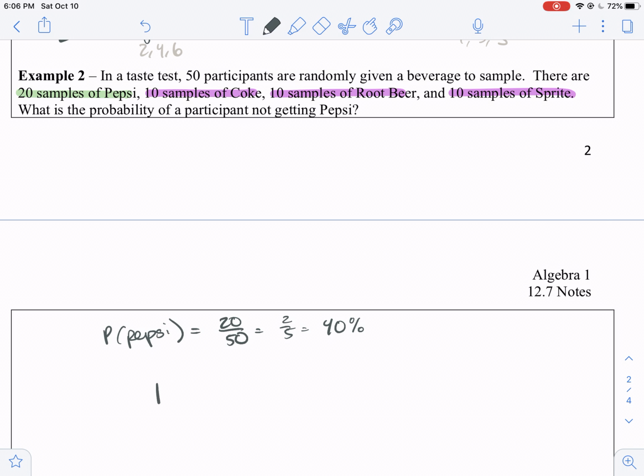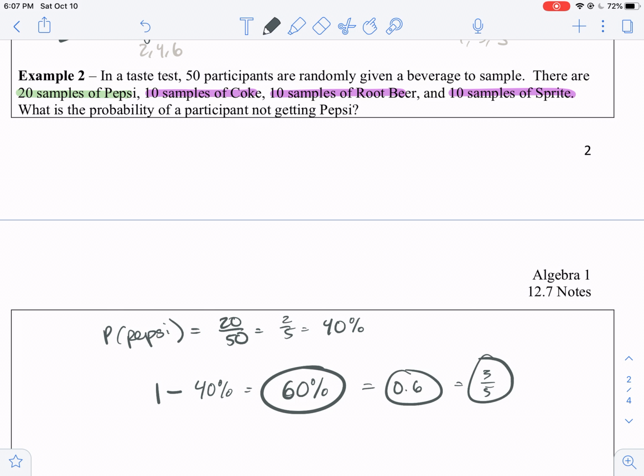Well, that's 1 minus 40%, which is 60%. And that to me was much faster. Yay! Also, if you wanted to do 0.6 or 3/5, I will accept all of those. That's great. Okay, so that's all theoretical. That's all the ideas. That's what we would expect to happen.